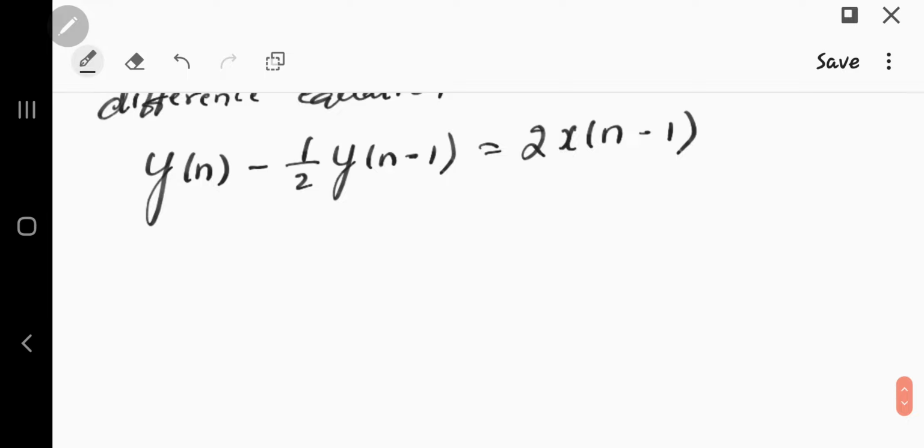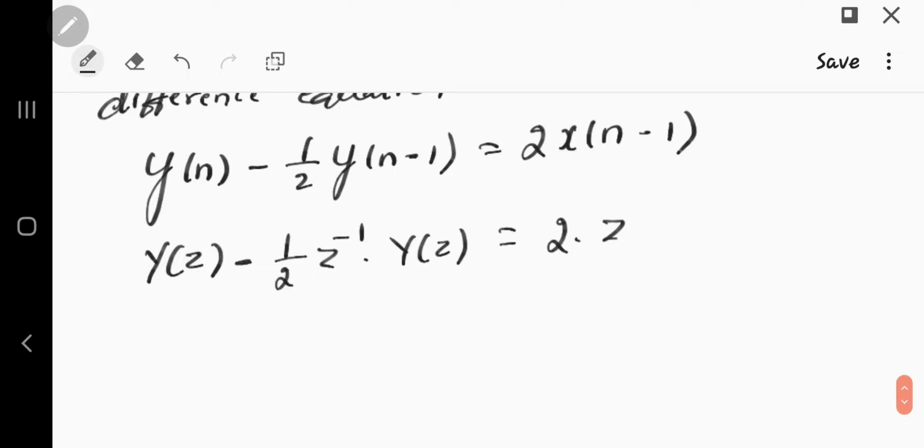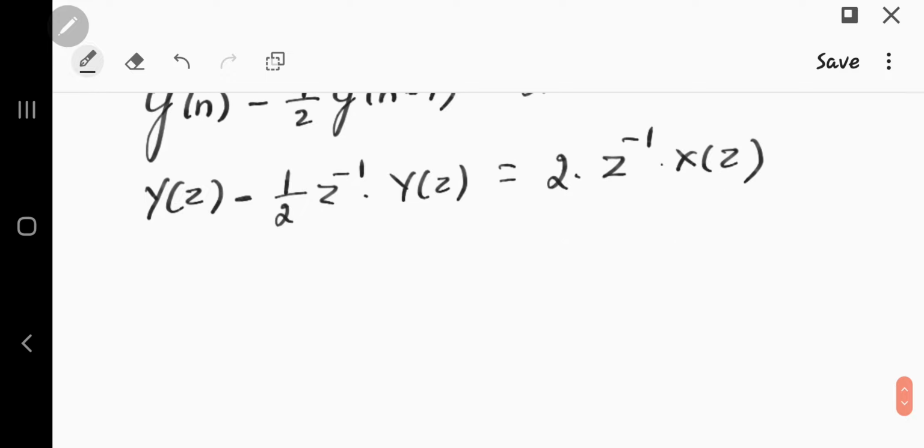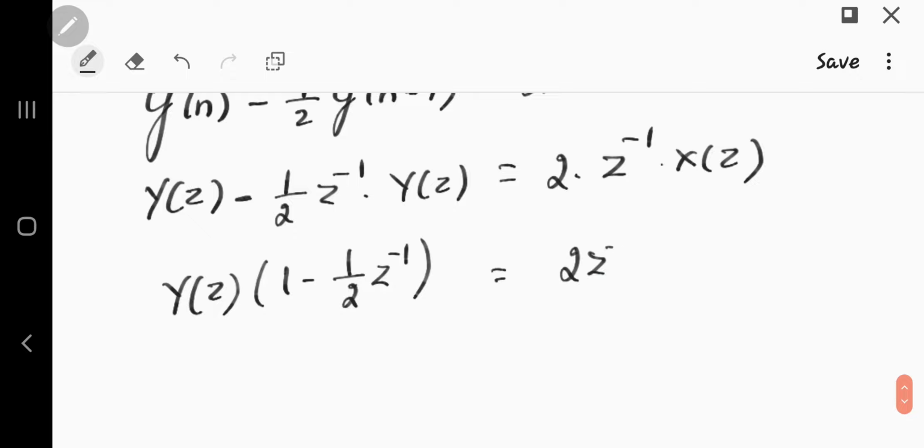Now if you take Z transform for this, you will get Y of z minus 1 by 2 z inverse into Y of z, and here 2 into z inverse X of z. Okay. Now take this Y of z common, you will get 1 minus 1 by 2 z inverse, and here 2 z inverse into X of z.